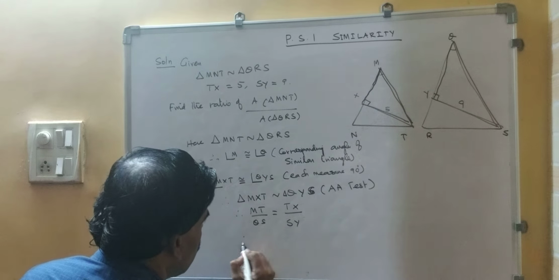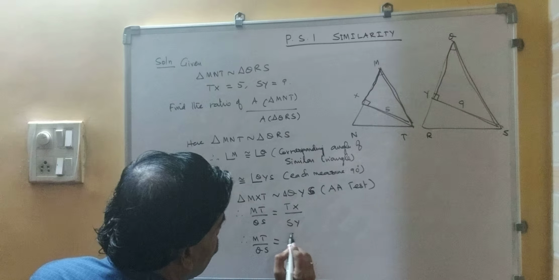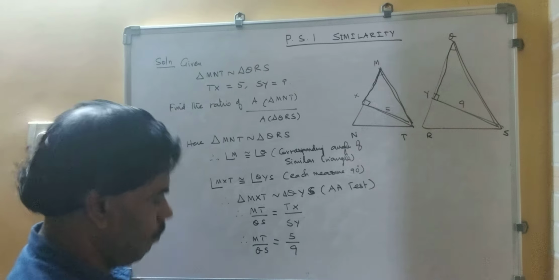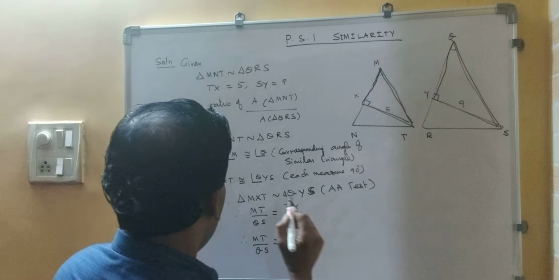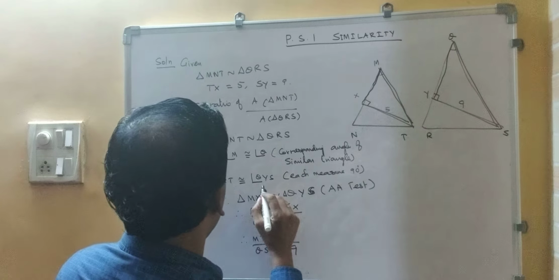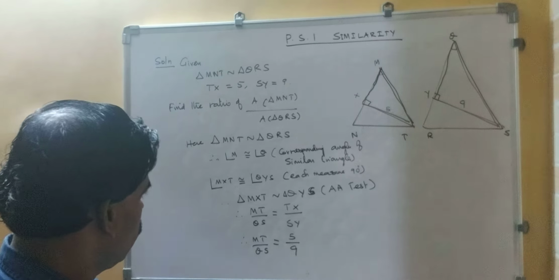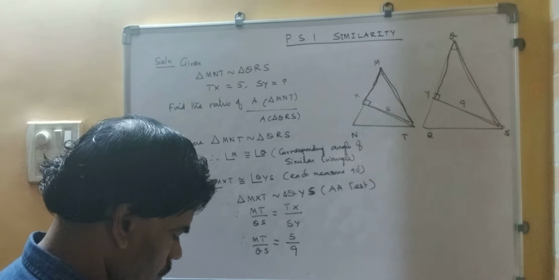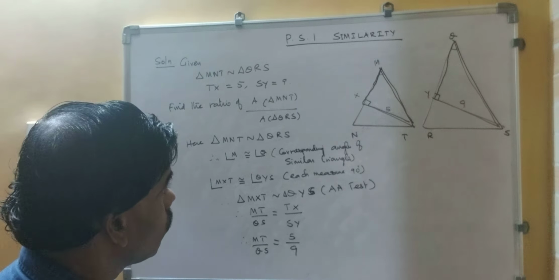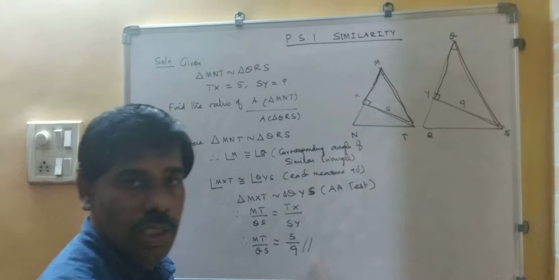Therefore MT upon QS equal to 5 upon 9. Okay, so now we have got this result.